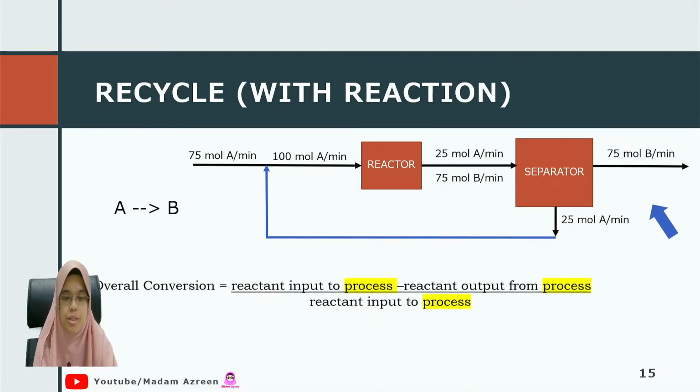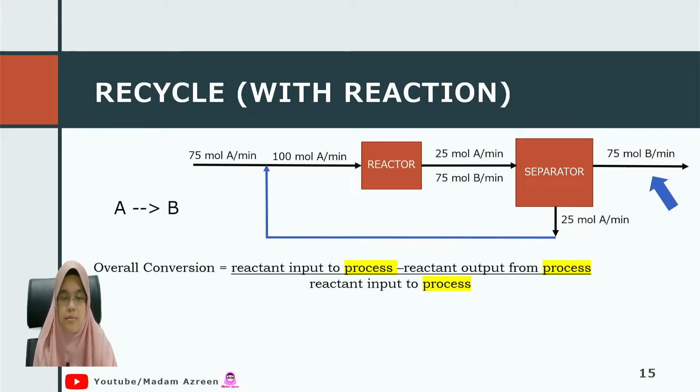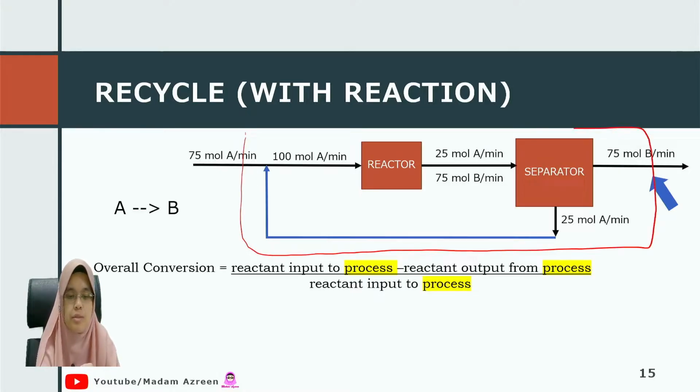The first one is overall conversion, which applies when you have the outer boundary condition: the amount of reactant going into the process minus the amount of reactant out from the process, divided by how much reactant is input to the process. This is known as overall conversion.